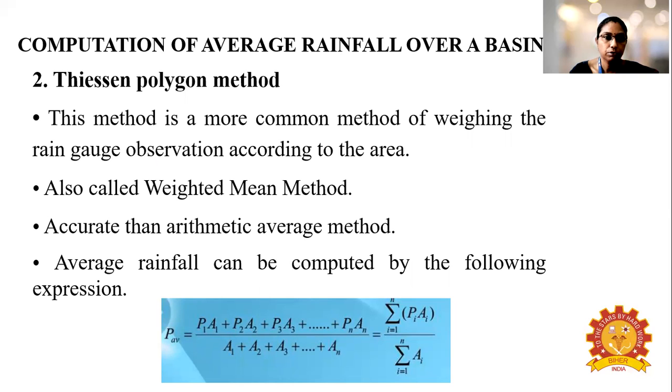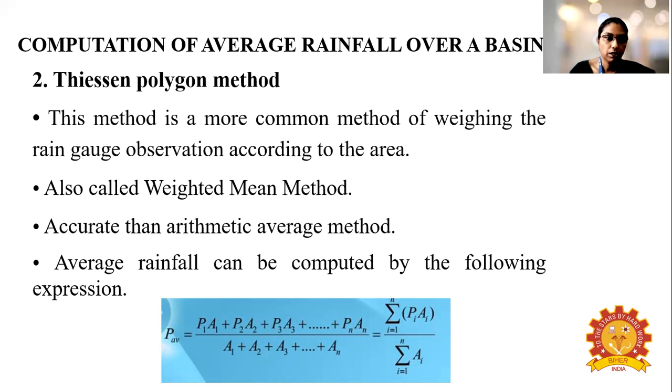It is one of the most commonly used methods, using the rainfall data, that is precipitation values, falling over an area, recorded in a particular rain gauge station in a particular area. This is also called the weighted mean method. It is a common method of weighing the rain gauge observations according to the area.